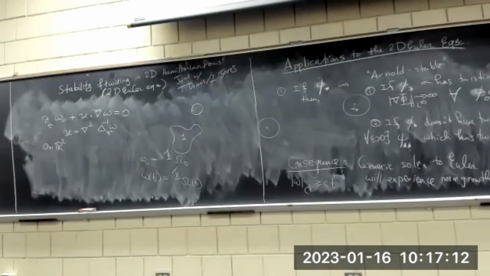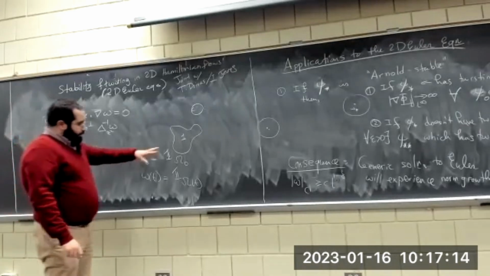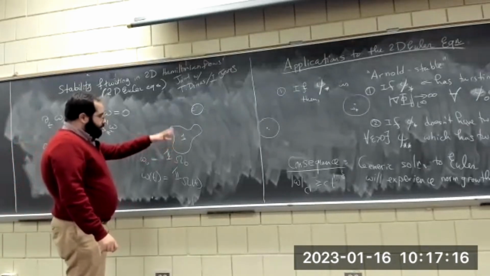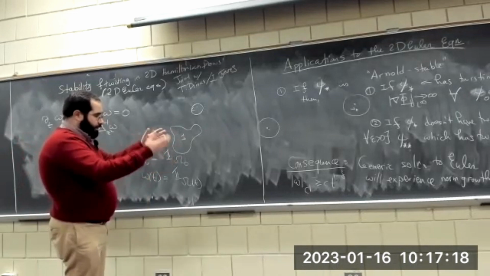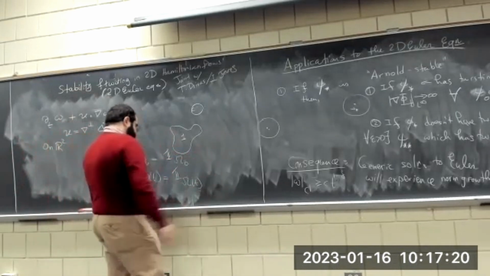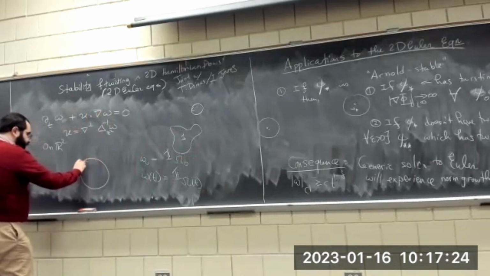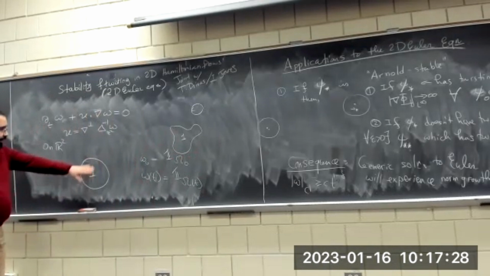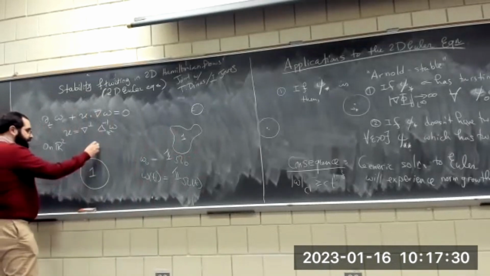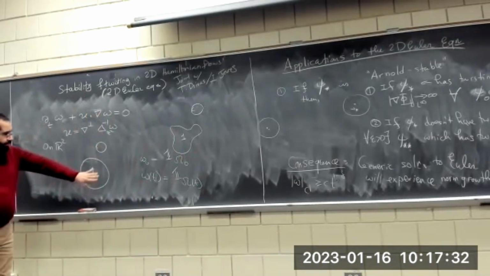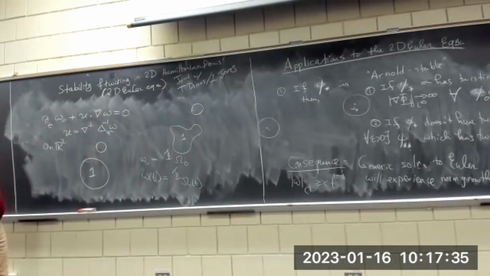And because of this, it's been observed numerically that there's an important steady state, which is the radial one, right? You just take vorticity to be 1 on a ball. This is a steady state of 2D Euler. It's just a characteristic function of a ball.